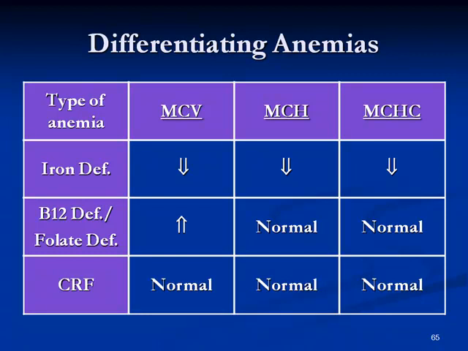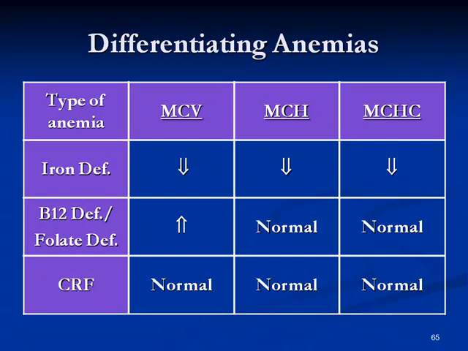Now, chronic renal failure, why do people with chronic renal failure have anemia? They're not producing erythropoietin. So erythropoietin stimulates your bone marrow to produce red blood cells. Well, if you don't have as much erythropoietin, you're not producing as many red blood cells. But the red blood cells that you're producing are just fine. There's nothing wrong with them. They're not deficient in anything.